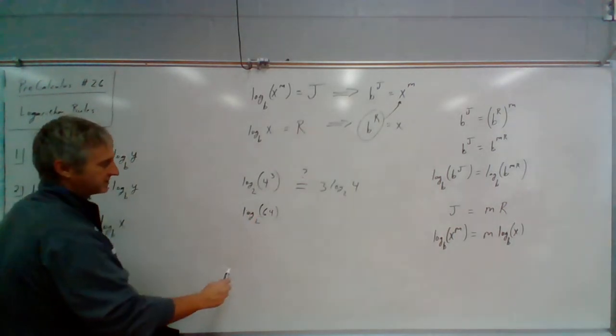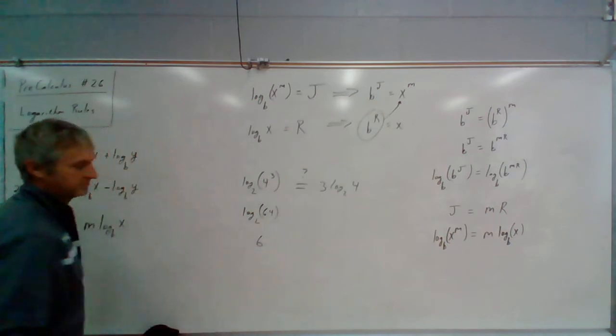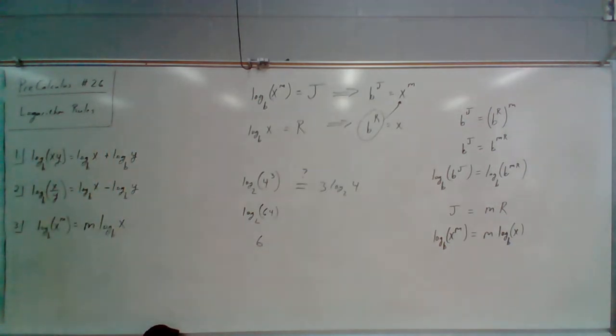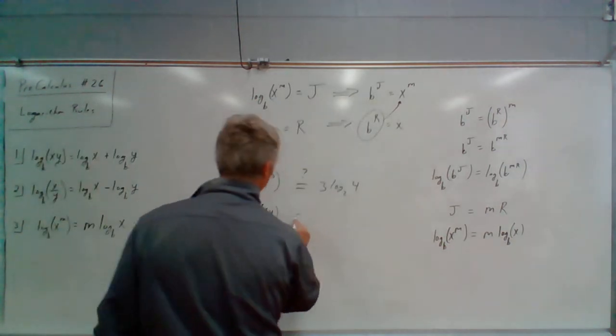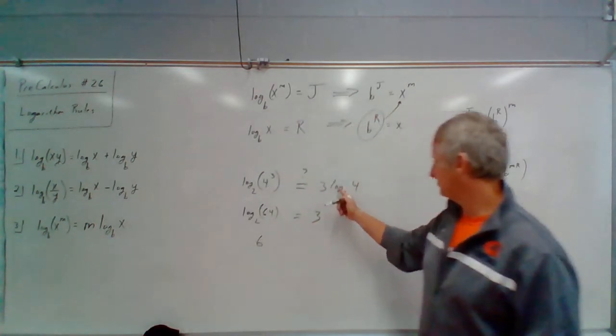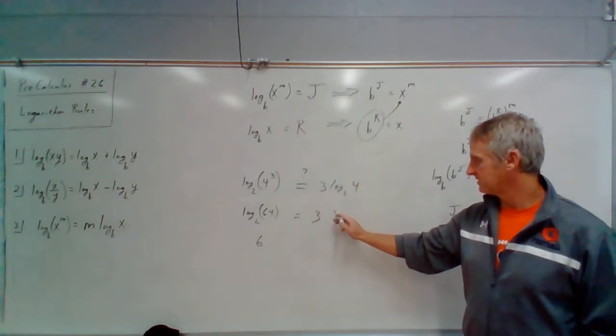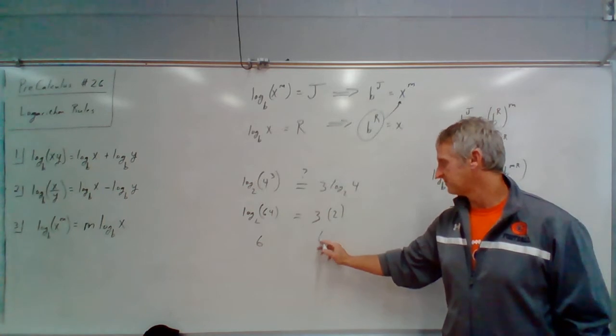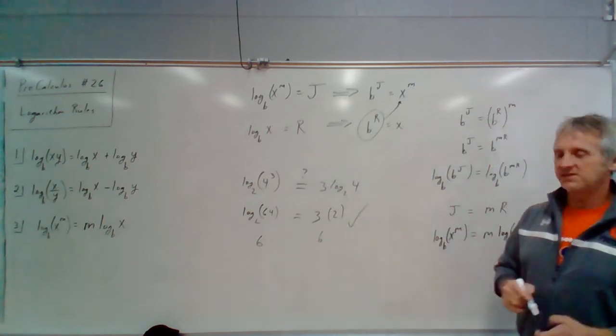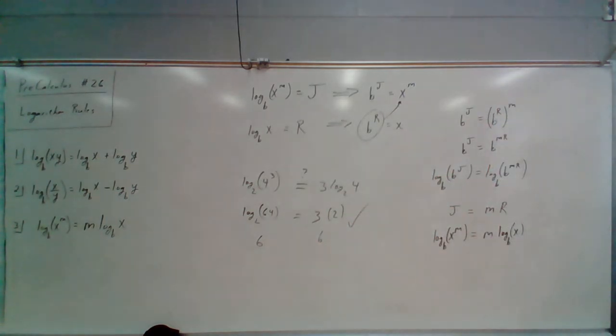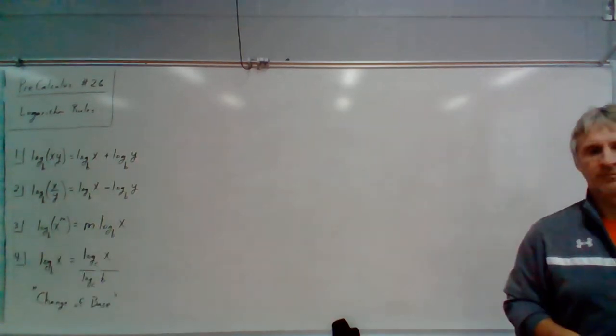Log base 2 of 64 is 6. 2 to the 6th power is 64. Over here, I have 3 times log base 2 of 4, which is 2. And 3 times 2 is 6. So you can see an example of that rule in action.